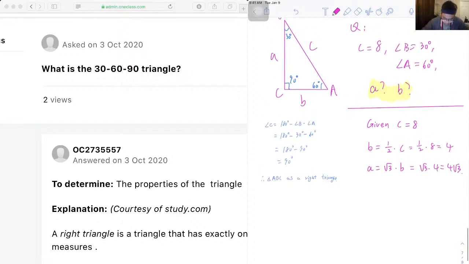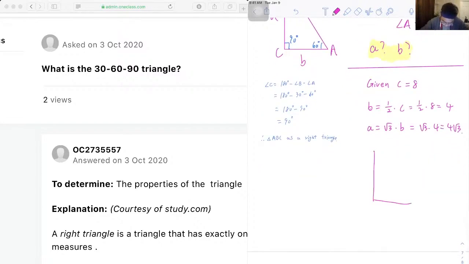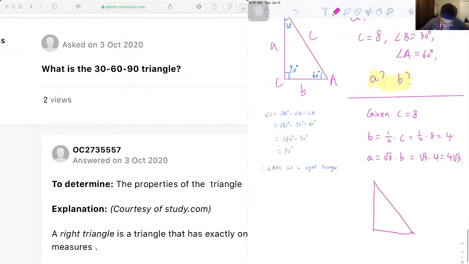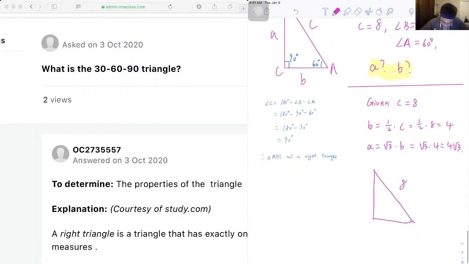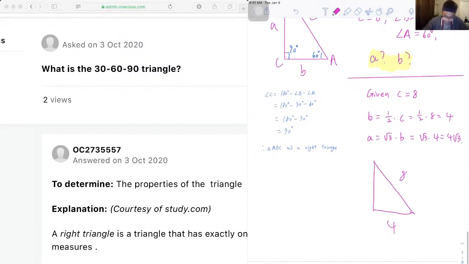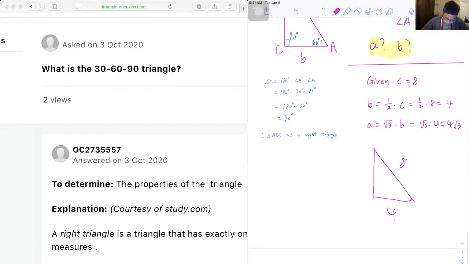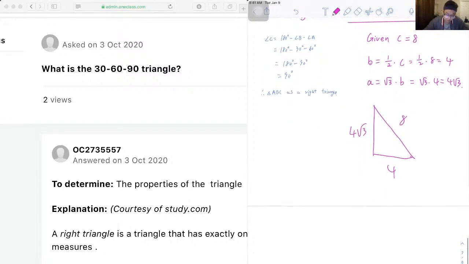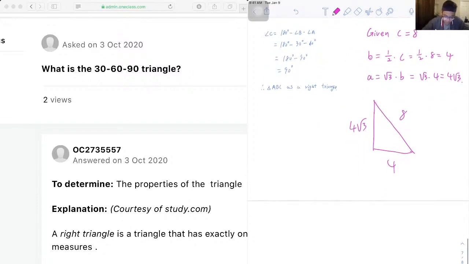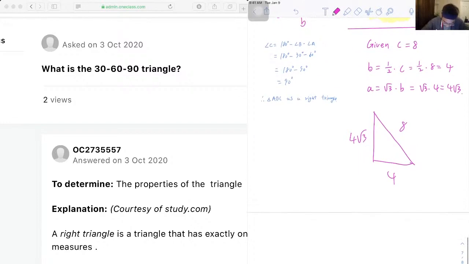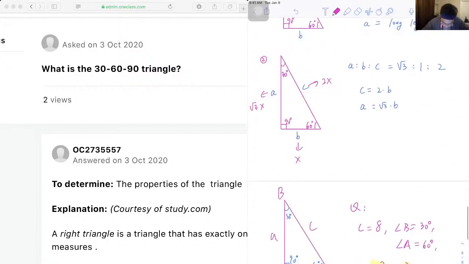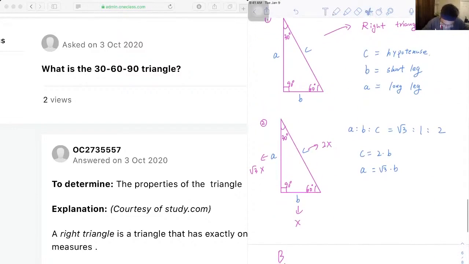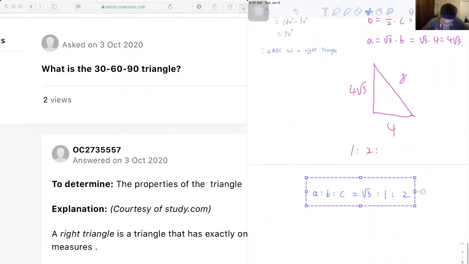Therefore, our triangle has a hypotenuse of 8, a short leg of 4, and a longer leg of 4√3. And you will find that it still follows the ratio from earlier, √3 to 1 to 2.